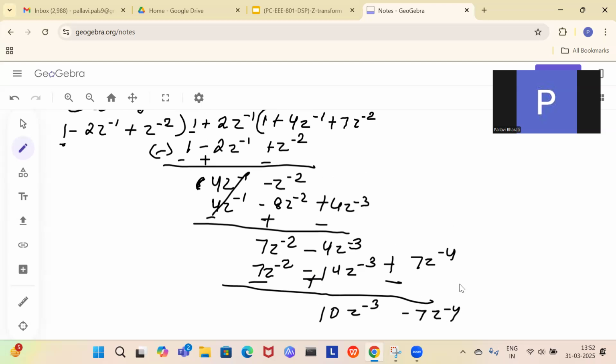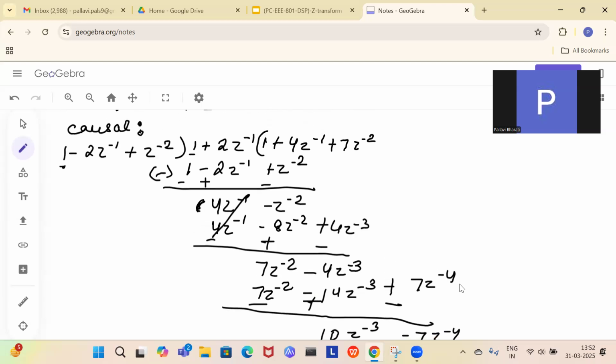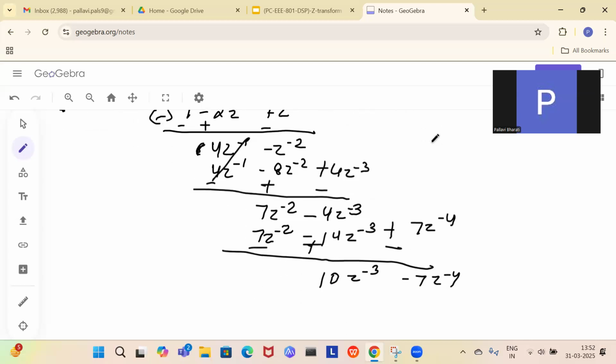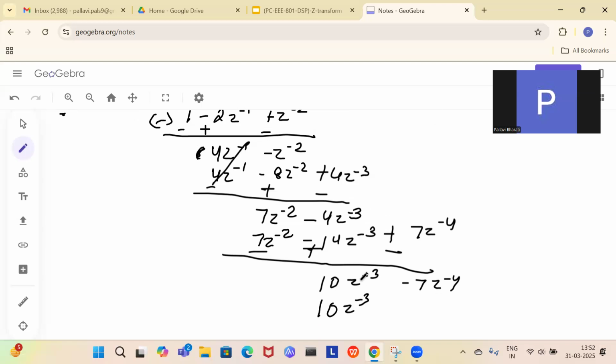So do it till 4 positions. So this is till 3. Now we will get 10z to the power minus 3 over here plus 10z to the power minus 3. So this will give you 10z to the power minus 3. And that's it. After multiplication, it was 2, I guess, right?